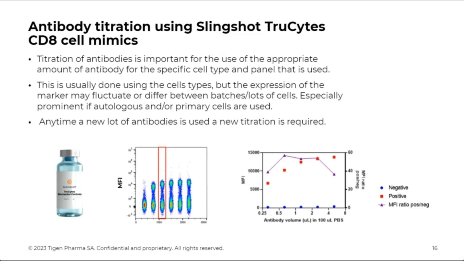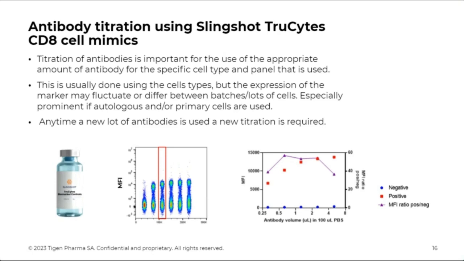For example, 5 microliter of your anti-CD3 or 2.5 microliter of CD4, etc., etc. And this titration is usually done using the cell types in your sample. But there is a problem because the expression of the marker may fluctuate or differ between your different batches or lots of cells. And I am going to show an example of that.